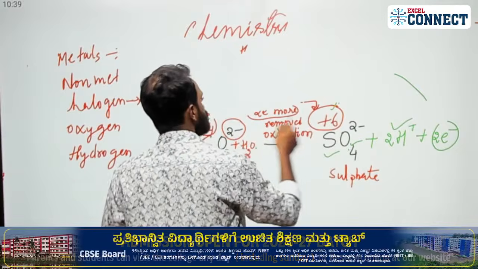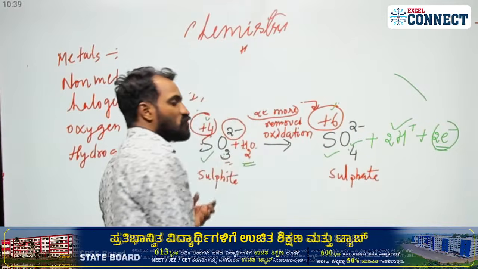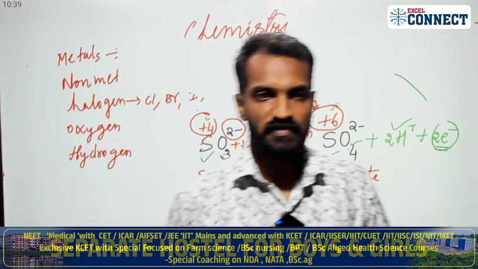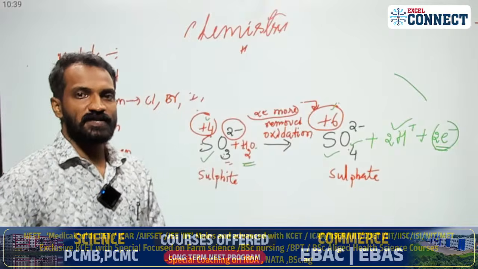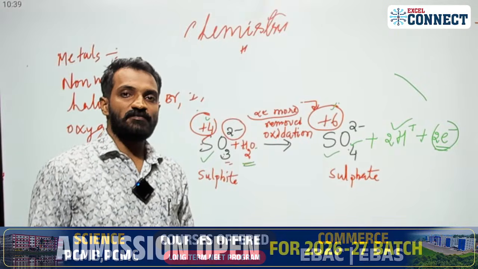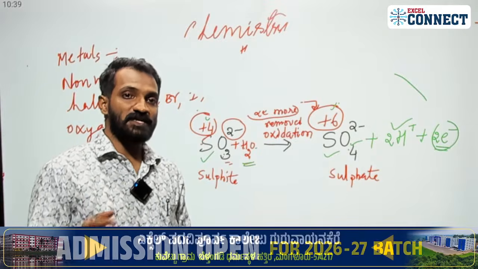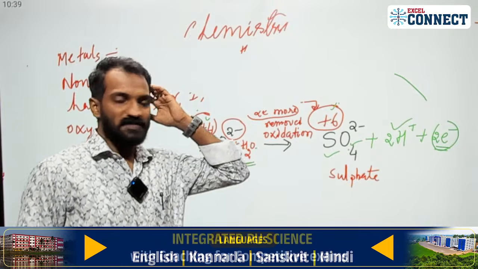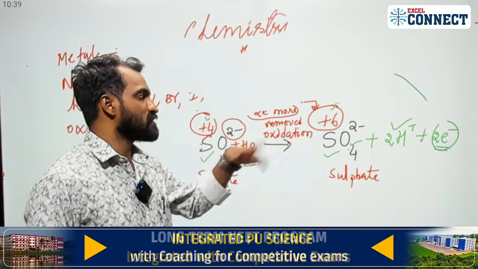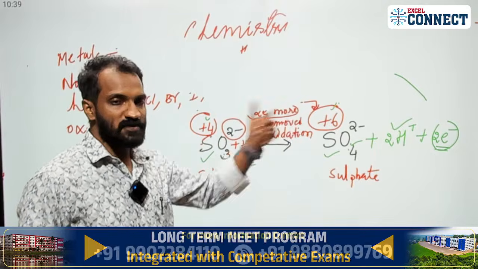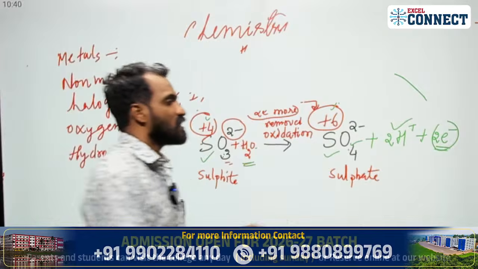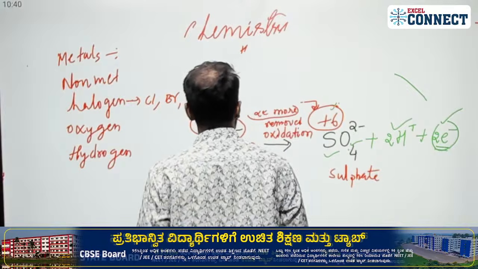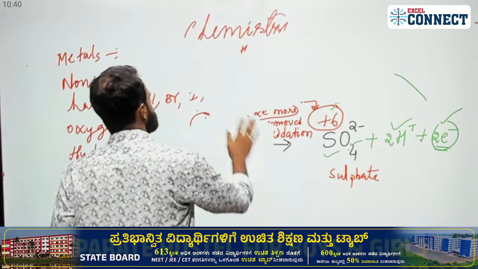Here 6, here 4. So I put here 2 electrons. The requirement of electron becomes the same only by giving electron. Understood? The remaining part becomes the same. See here, sulfur becomes same, oxygen becomes same, hydrogen becomes same. But after that, electron is not the same. You have to give electron on the side where electron shortage is there. I hope you understood.